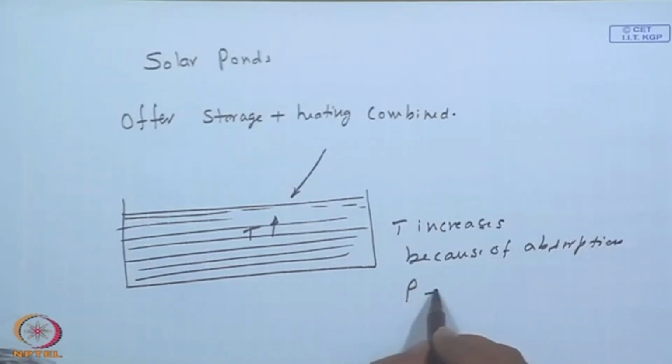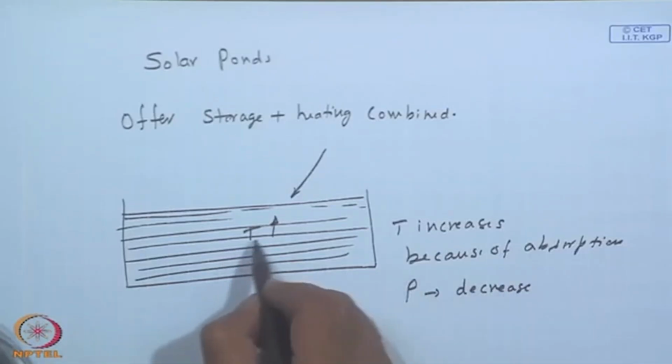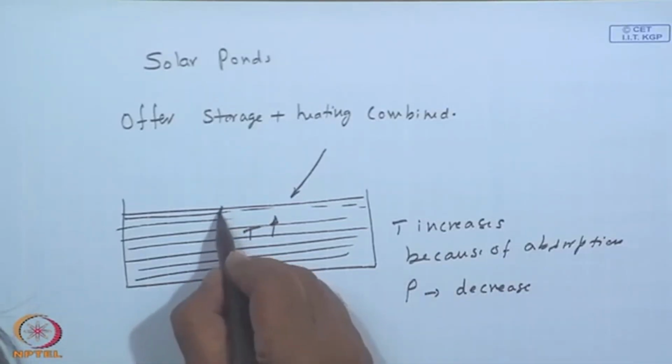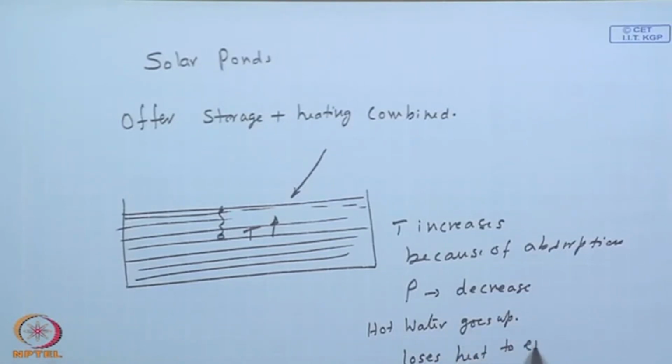So rho decreases. So the water goes up. Hot water goes up and loses heat to the environment, right?